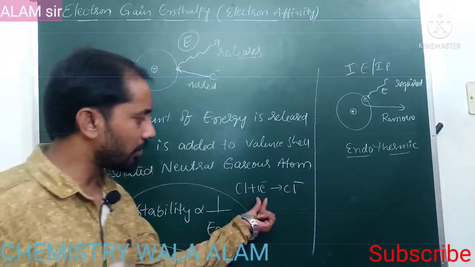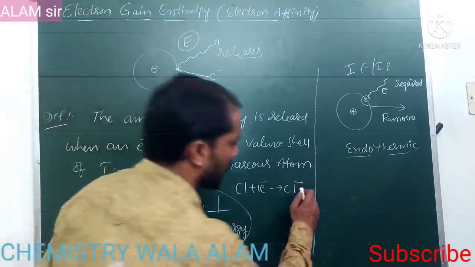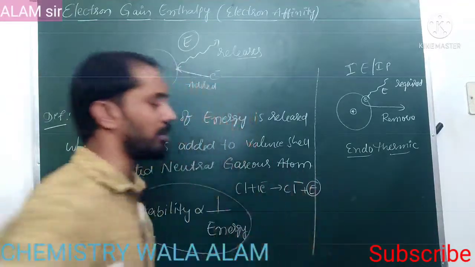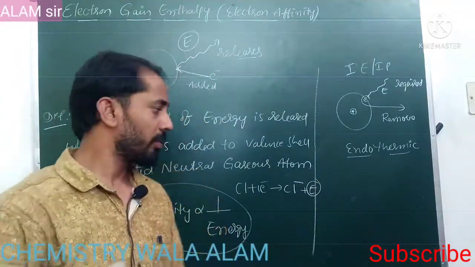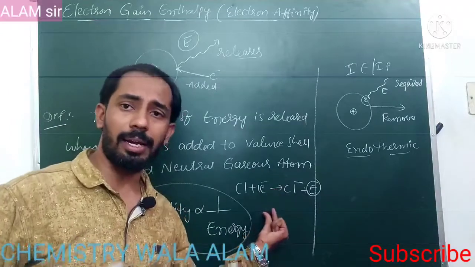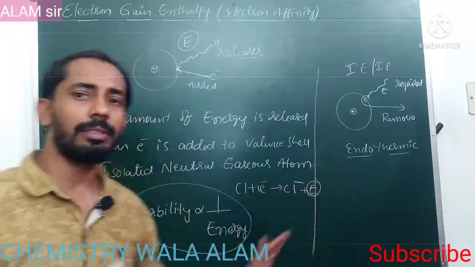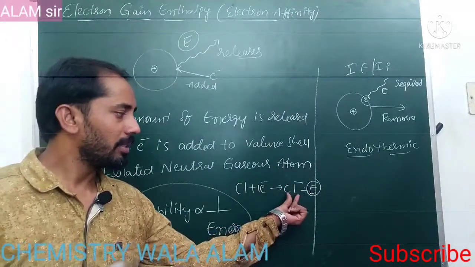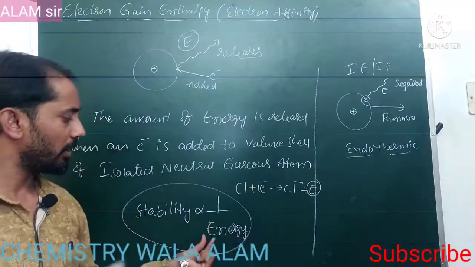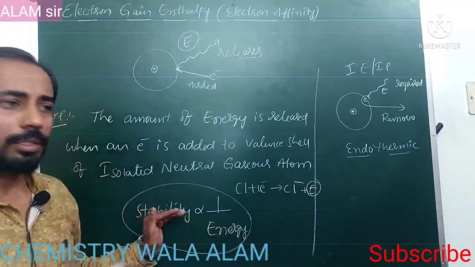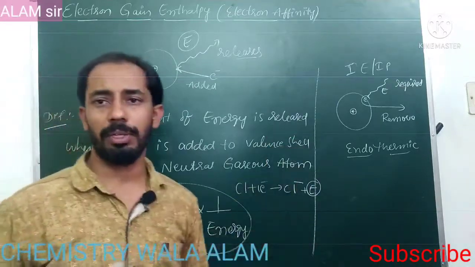When chlorine gains one electron, it attains the argon electronic configuration, and at that time it releases some amount of energy. So how can we say it is getting stability? When the electron is added, energy is released, which means the energy of the chloride ion is less than that of the chlorine atom. The ion has less energy, and less energy means more stability.